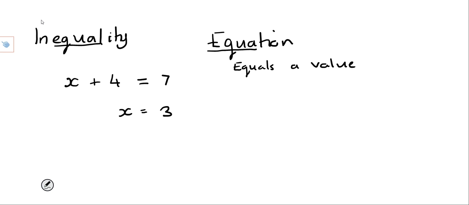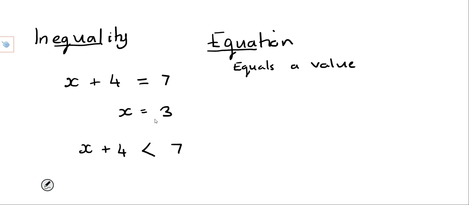So this is an equation, and I'm now going to write an inequality in the same way. I'm going to write x plus 4, and I'm going to write this symbol. Do you recognise it?